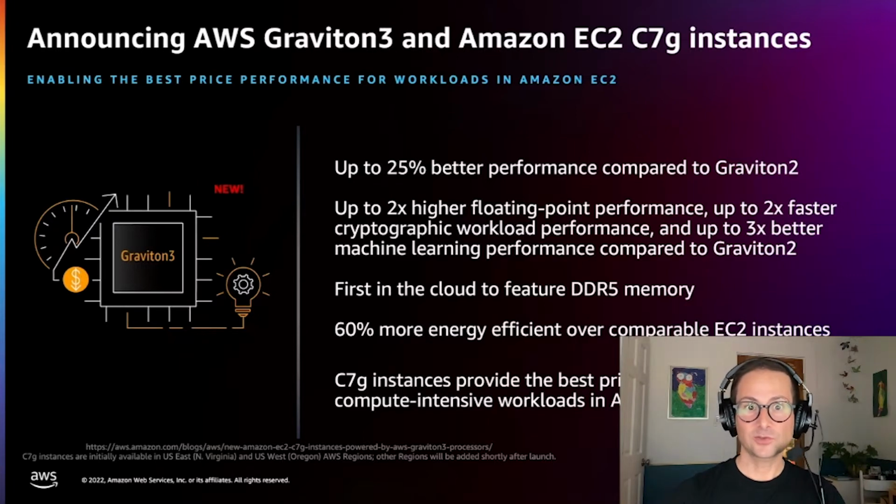With a faster processor and memory that consumes less, the Graviton3 based instances are the most energy efficient in our portfolio, and they are 60% more efficient than comparable EC2 instances. C7g offers the best price performance for compute-intensive workloads on AWS.